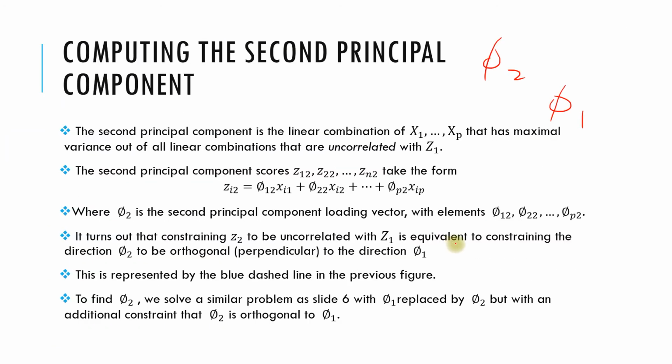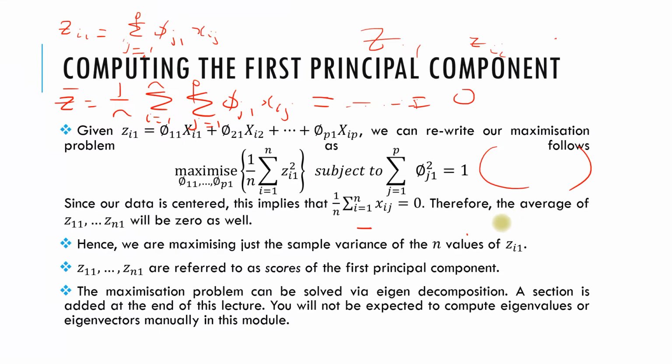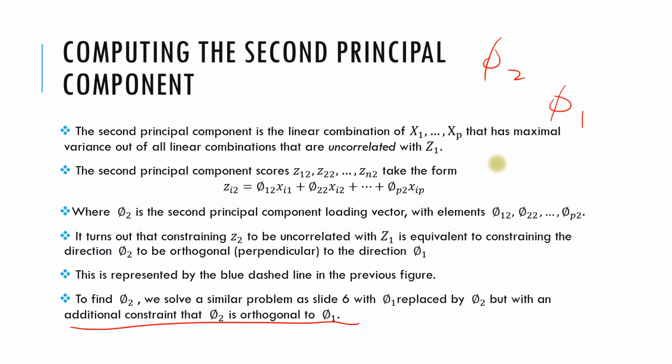This is an additional constraint that you need to add to your maximization problem, subject to the new loadings also being orthogonal to the first one. We will avoid the details related to the maximization of the second principal component, but just understand that there is an additional constraint there.